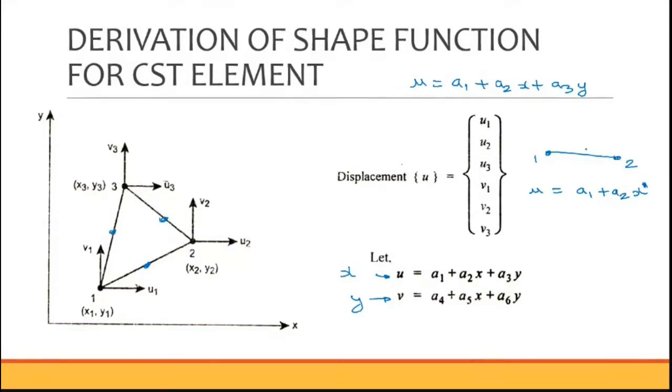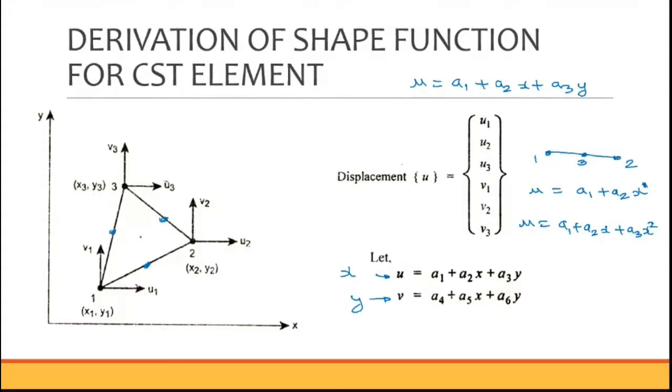If I need to increase its accuracy, there is another way: you can go for a quadratic element. A quadratic element will have an additional node 3 in between your other two nodes, right? In that case, we will consider u is equal to a1 plus a2x plus a3x square. So we are increasing the polynomials accordingly, right?